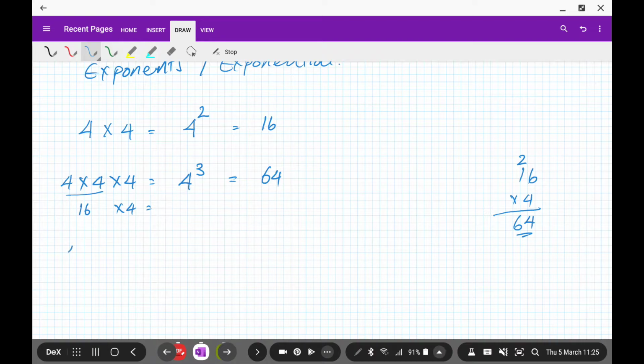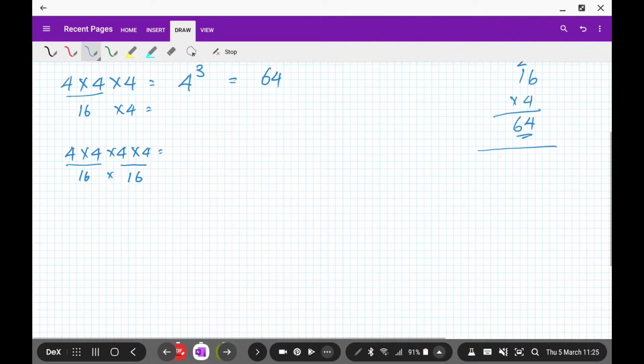The next one would be 4 times 4 times 4 times 4, so 4 times. The answer will be 16 times 16. What's 16 times 16? I think it's 256. 6 times 6 is 36, carry 3, 6 times 1 is 6 plus 3 is 9.